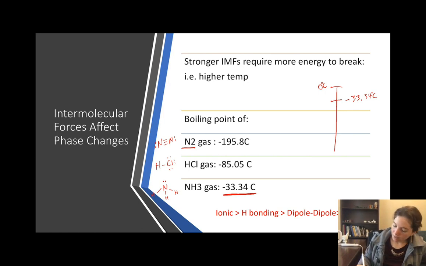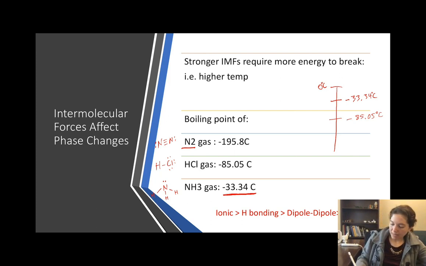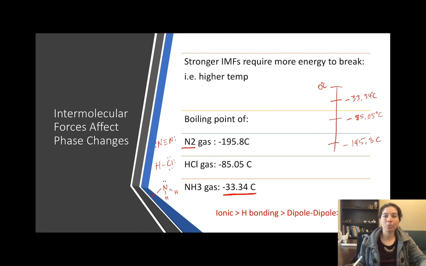Now if we look, our HCl is at minus 85.05 Celsius, meaning it transitions even earlier than NH3 does. So it has a lower temperature at which it transitions. And then N2 gas is at minus 195.8. So it's almost always a gas. You will pretty much never see nitrogen as a liquid unless it's super duper cold. So this is a very unique substance that you normally don't see as a liquid.